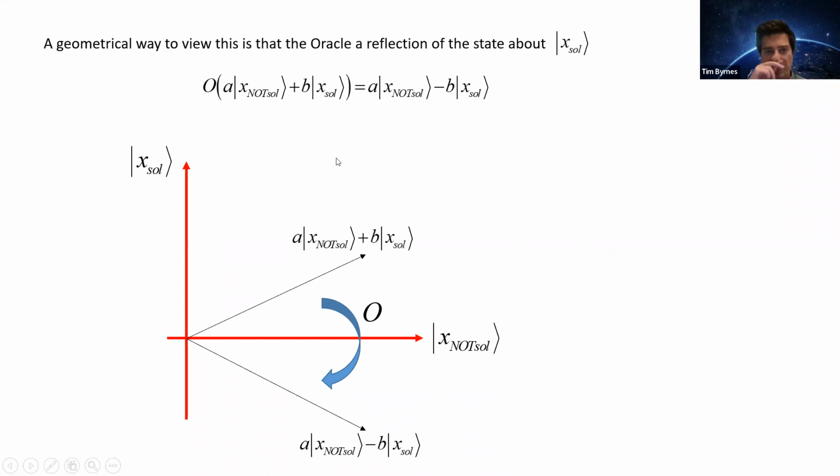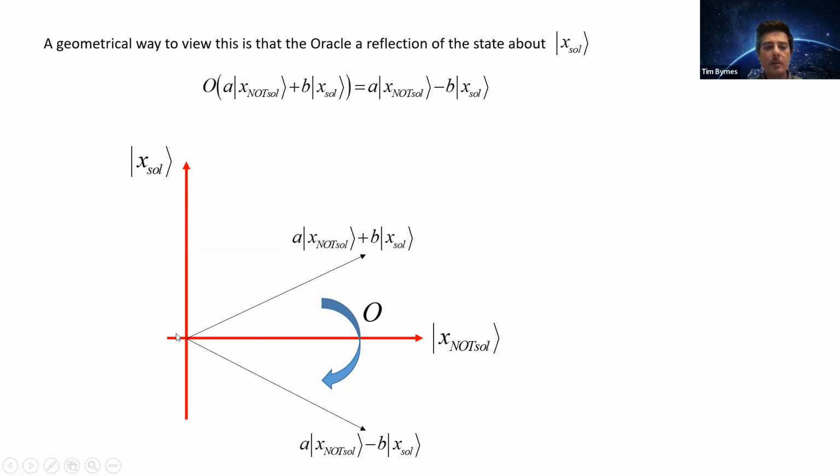It's flipping the sign of this b, but we can visualize this geometrically. This original state here is a and b, some arbitrary coefficients, and for the axes, here's the x not sol state, and here's the x sol state. What O basically does is reflect around this x not sol axis.